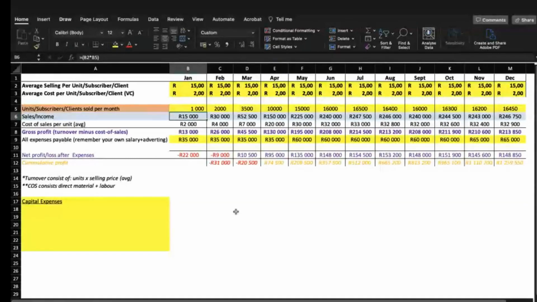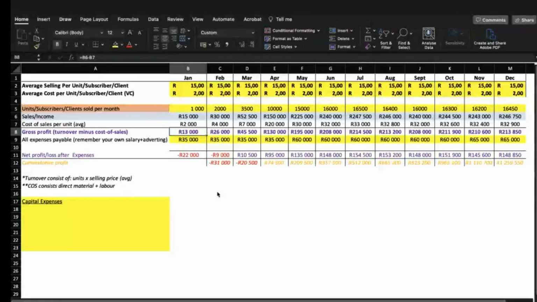And then that is a calculation. You can see that is a particular calculation. So that takes your number there, times by your average selling price, and then you have a simple sales income for the year, and then your cost per unit average is the same thing. It's also a calculation. It is your units times your cost.